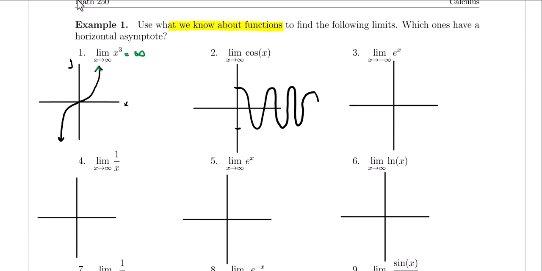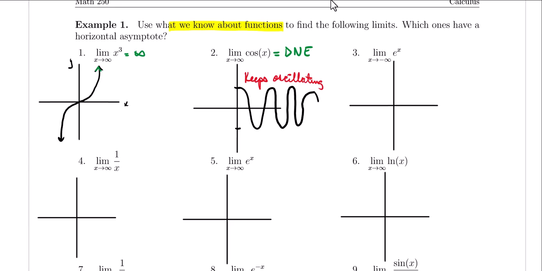Now, it's not the best way to illustrate the cosine function, but it does get the point across. We're just going to keep on oscillating. And here's the deal. Since you're oscillating, you never really reach a particular number. So, if you do not reach a particular number, then you may remember that, in this case, the limit does not exist. Alright, now let's take a look at the next one here.